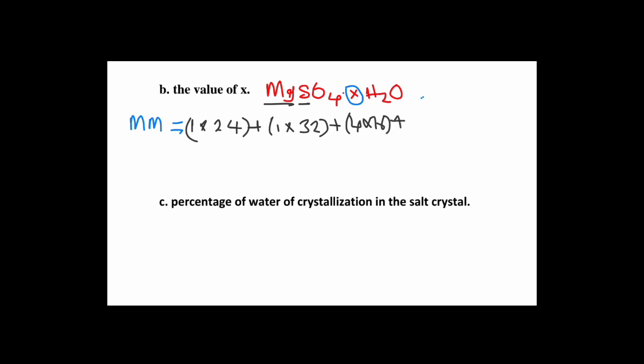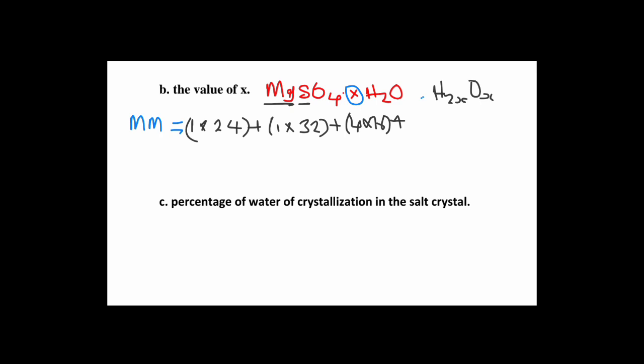We have X, and this X is affecting hydrogen as well as oxygen. So in this case, it's the same as having 2x, and then we have x there. That's the meaning, because this x is affecting the number of atoms in the compound water.